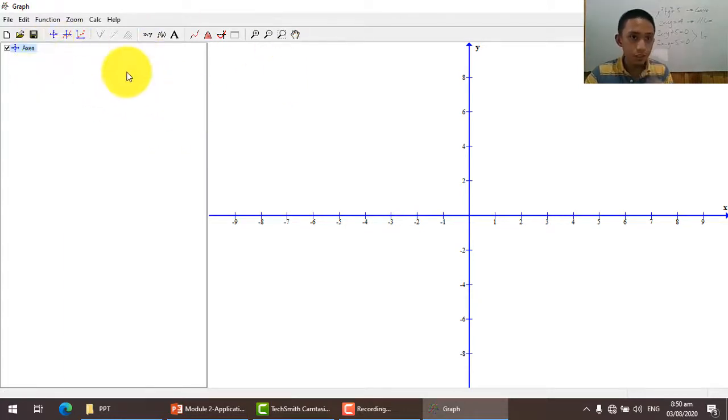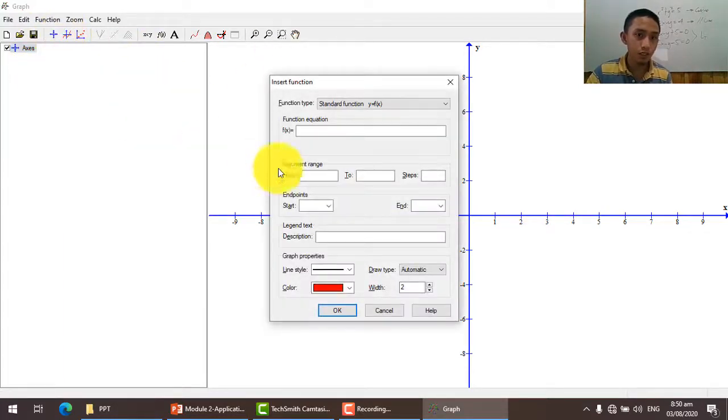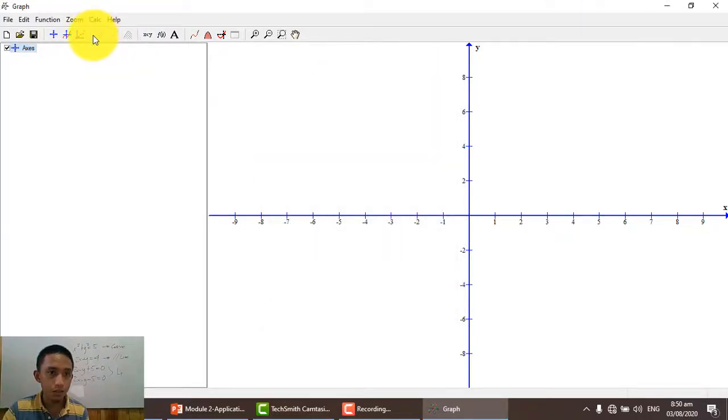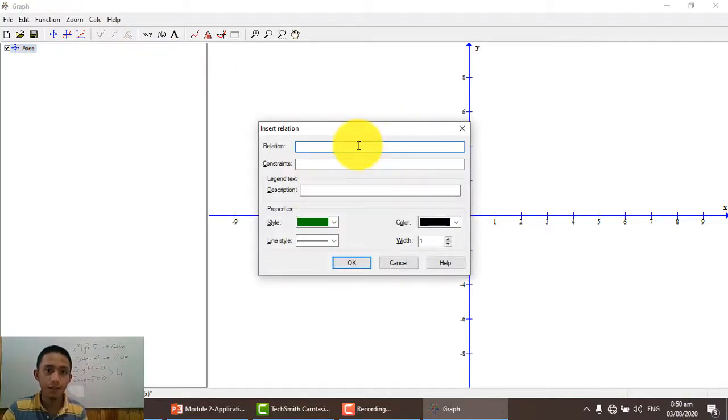Okay, so in my grapher, I will be inputting the curve itself. Let's say again that it is x squared plus y squared equals 5.